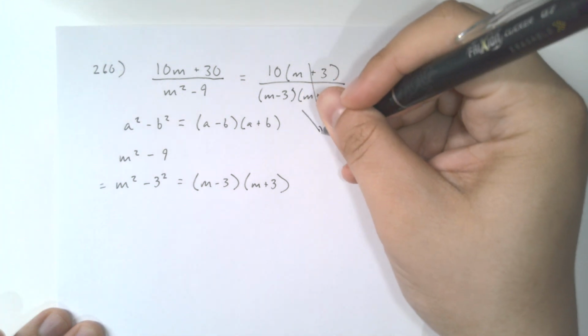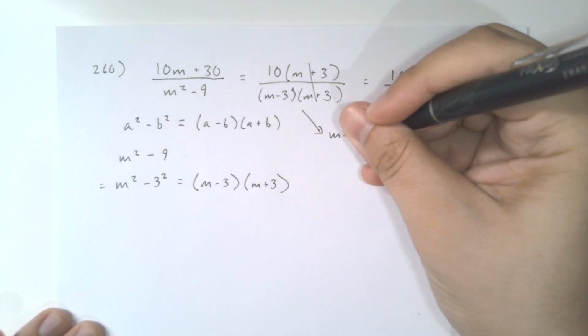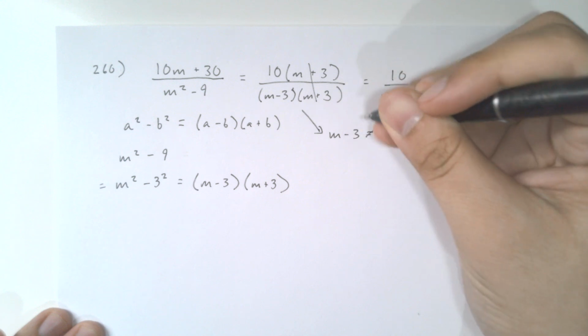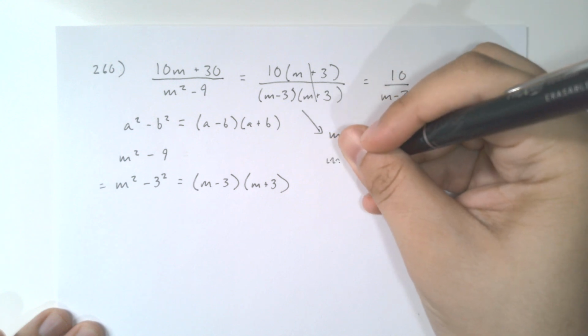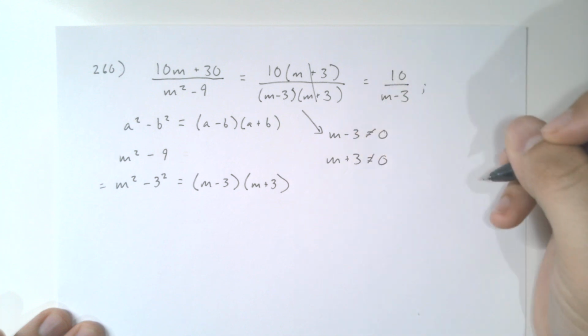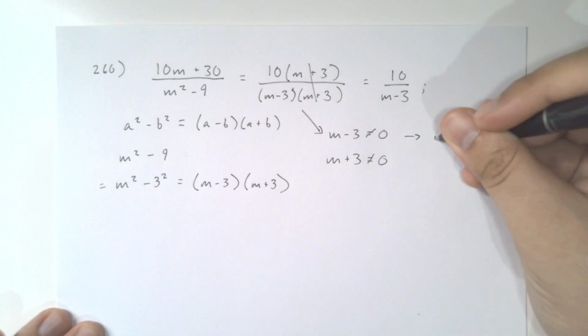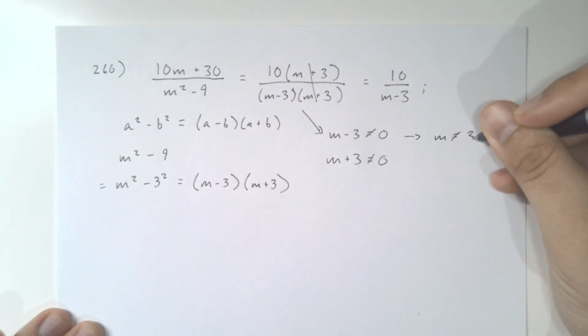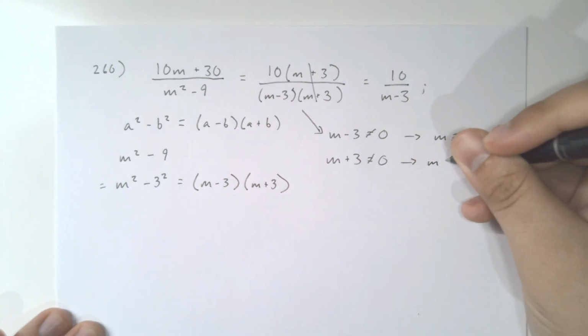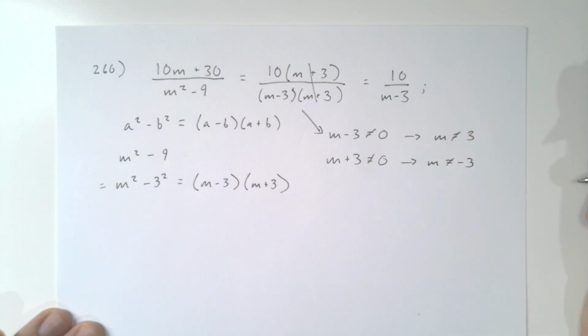So all we have to do is flip the signs. We say that m minus 3 can't be equal to 0, and m plus 3 can't be equal to 0, because this is already factored. And so that just means that m can't be equal to positive 3, and m can't be equal to negative 3. So we have two excluded values.